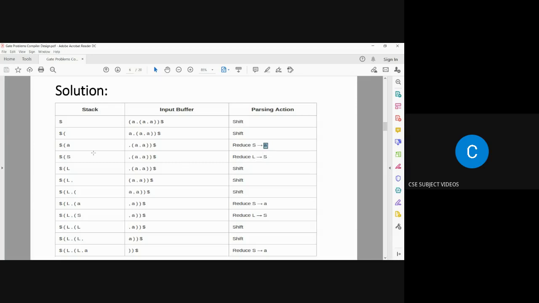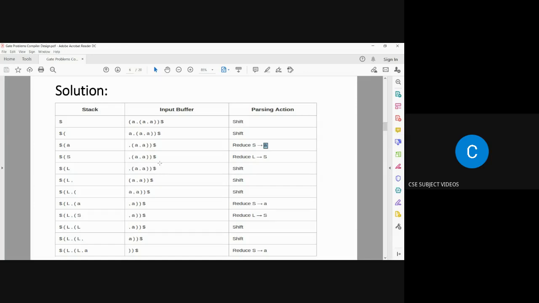So according to this production we can reduce this non-terminal s by l. Okay, now on top of the stack what we are having, dollar open bracket l, and then remaining input symbols comma open bracket a comma a close bracket dollar.